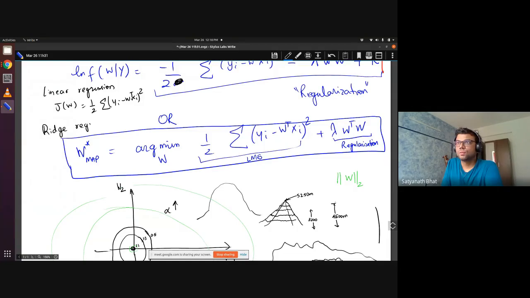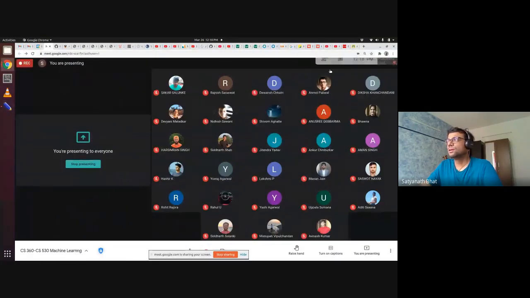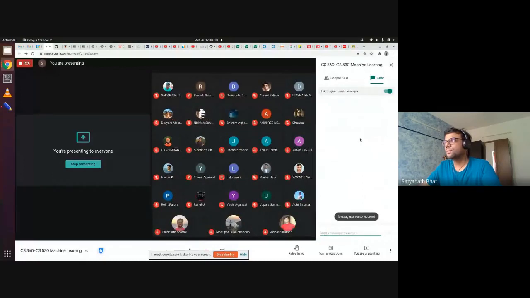Let me ask people again, please respond in the chat. If I have to find that W which minimizes this, you treat this as a cost function. What do I do if I want to find a minimum? Gradient descent.